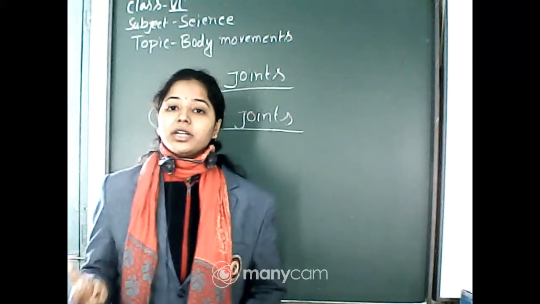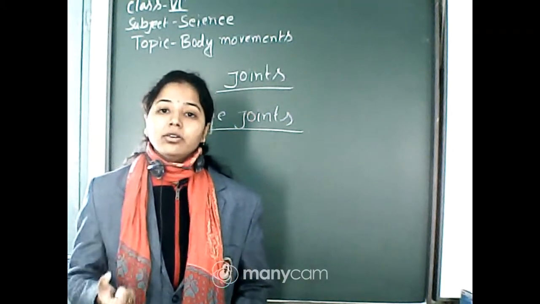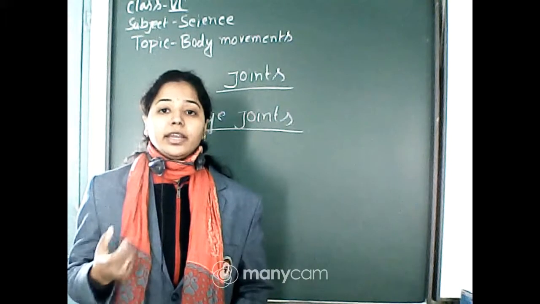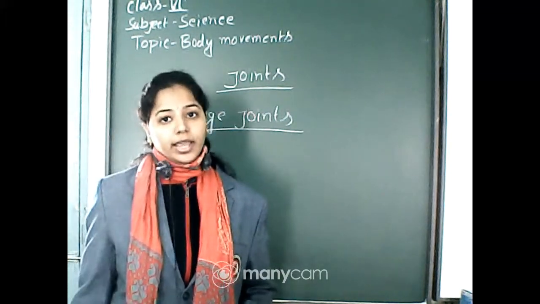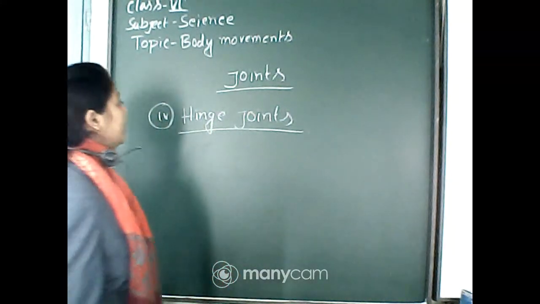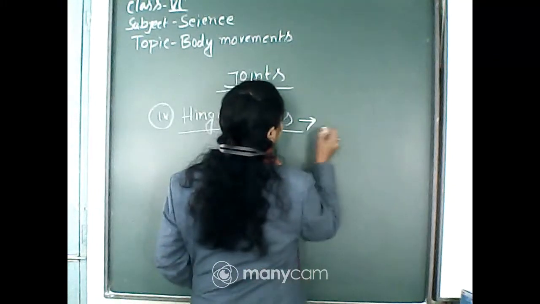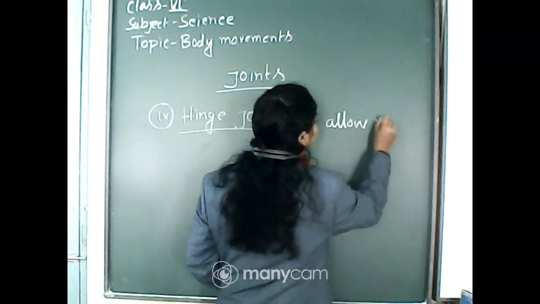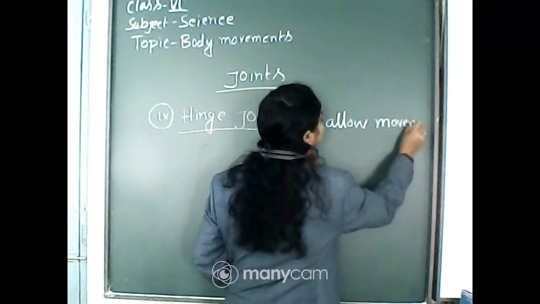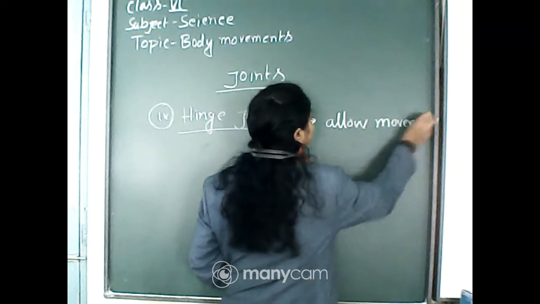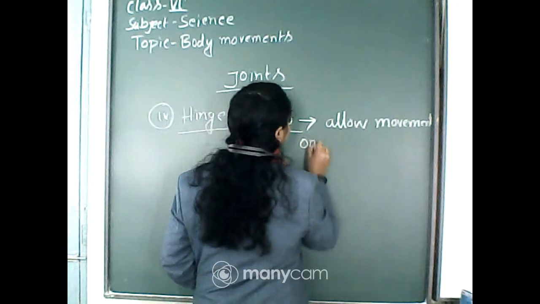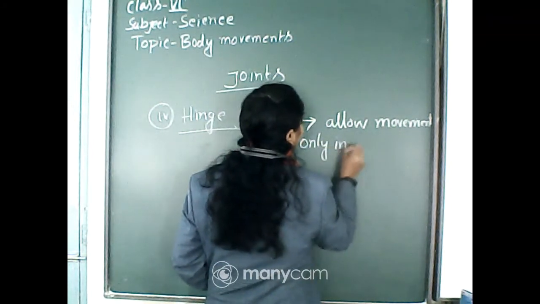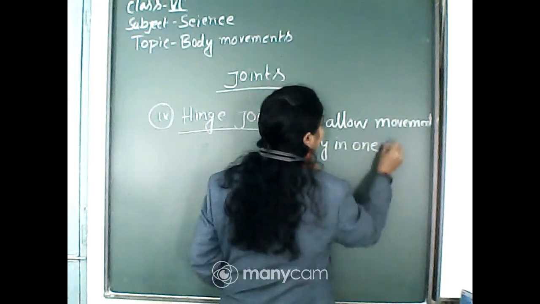So this type of joint is called a hinge joint. You can write: allow movement in one direction. Understood?